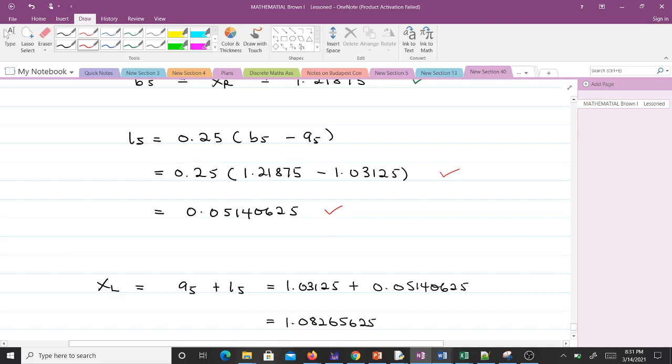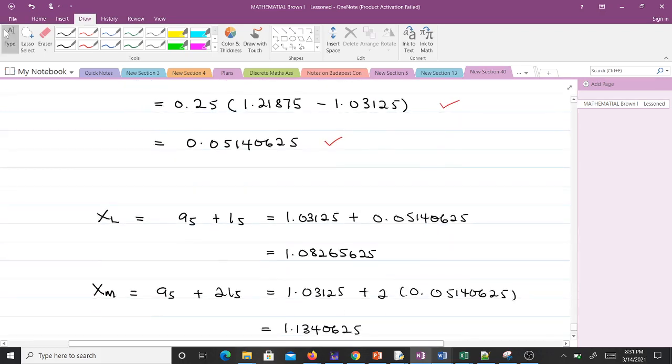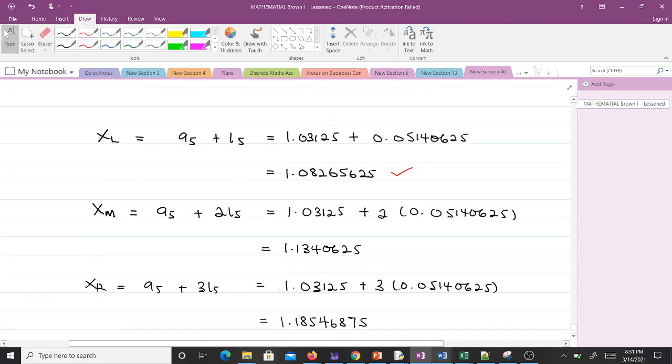So we then have to compute XL at this iteration. So it will be A5 plus L5, which gives you this. XM will be A5 plus twice L5, which gives us this. And XR will be A5 plus 3 times L5, which gives us this.